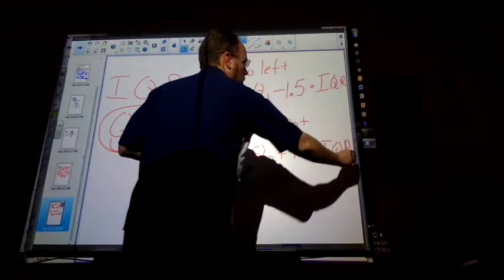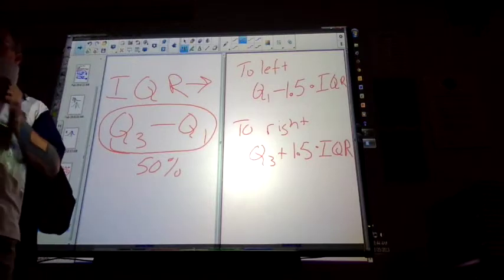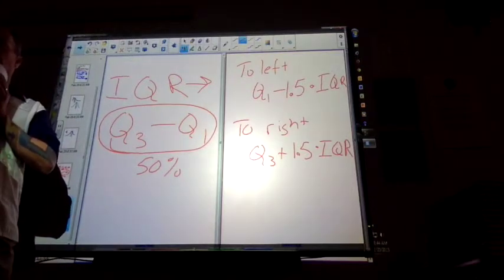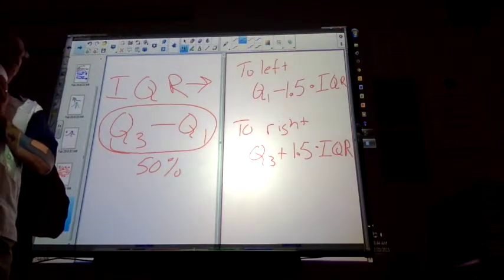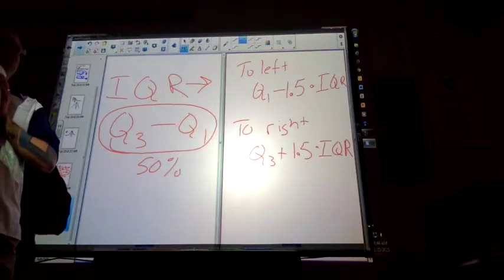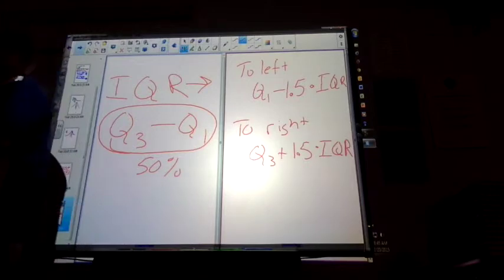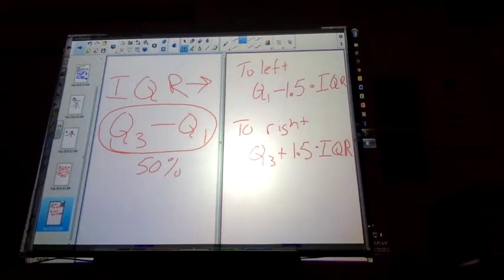Order of operations would suggest to do what first? Do we add first or do we multiply first? Multiply. Do we subtract first or multiply first? Multiply. So order of operations, so you got to do that. So we can do this in a moment.